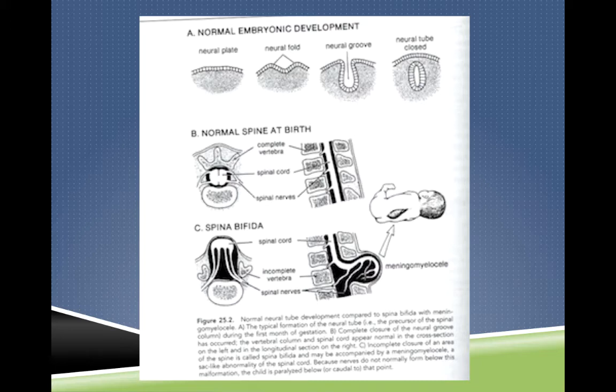With spina bifida, you see that it may protrude out. There may be a part of the vertebrae missing, incomplete vertebrae, or even just part of it being pushed out of the way, so that defect pushes out with the spinal cord in it and the spinal nerves in it.